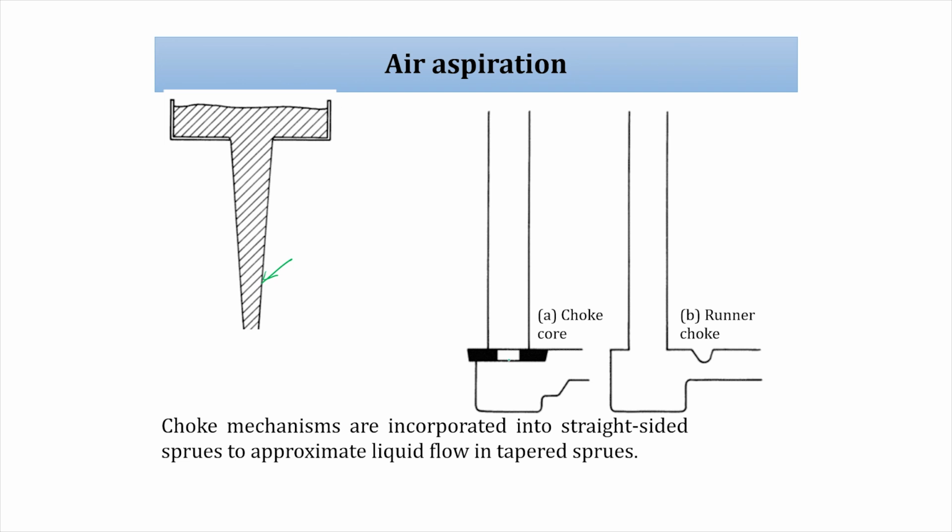If you have to make a straight sprue, we have to use a choke core at the bottom or a runner choke, so that you can avoid the air aspiration effect. If you have to make a straight sprue only, then you have to make these additional choke areas to reduce the air aspiration effect. Thank you.